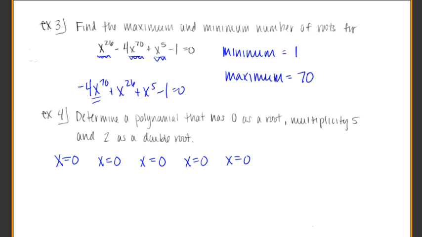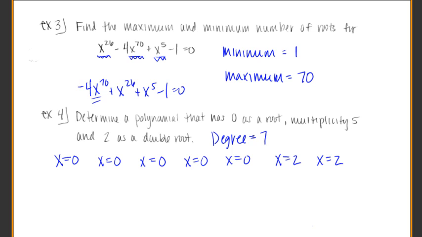So 1, 2, 3, 4, 5, and then 2 is a double root, so that happens twice. So all in all, technically, I should have a degree equal to 7 because I've got the 0 happening 5 times, the 2 happening twice, so technically 7 of these.